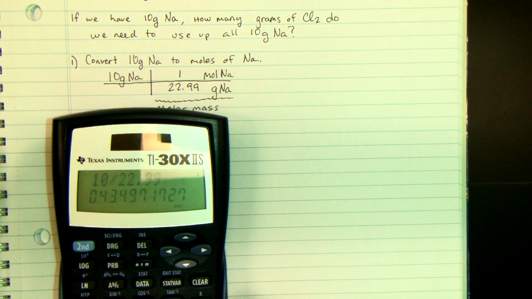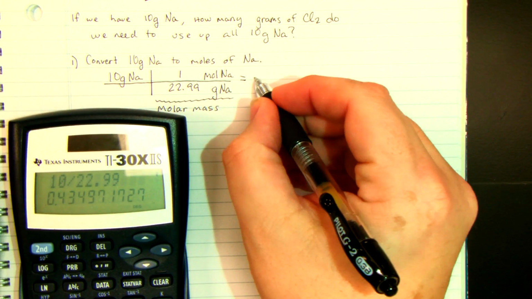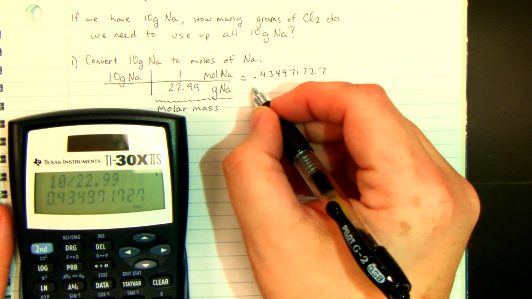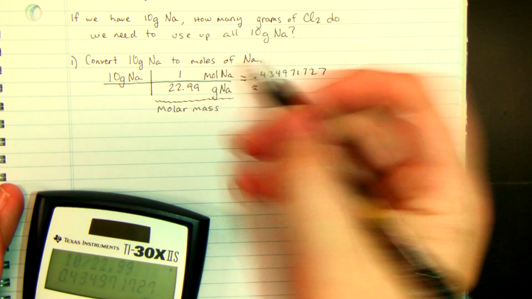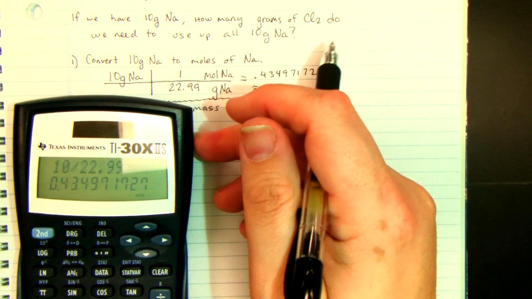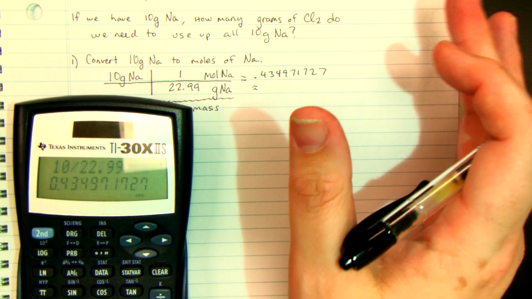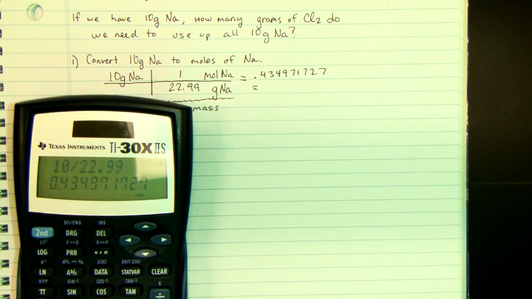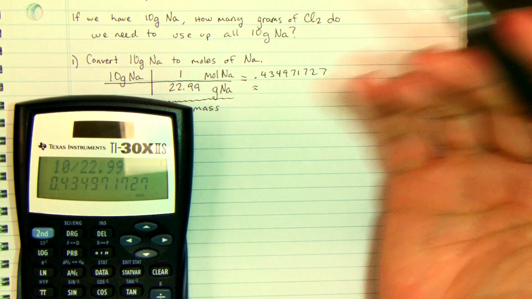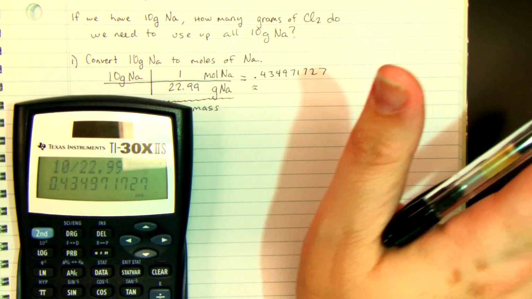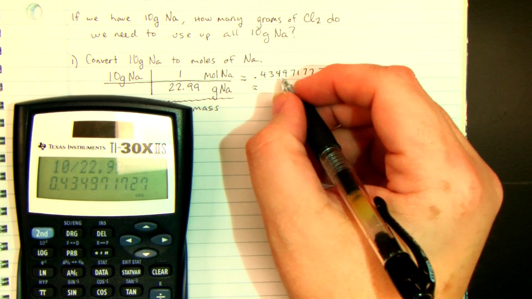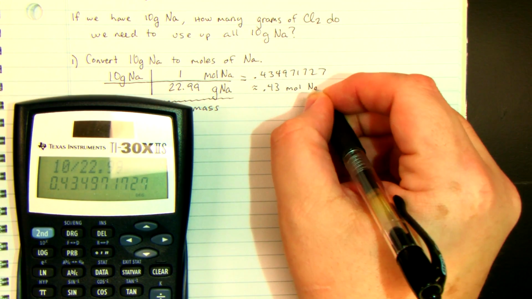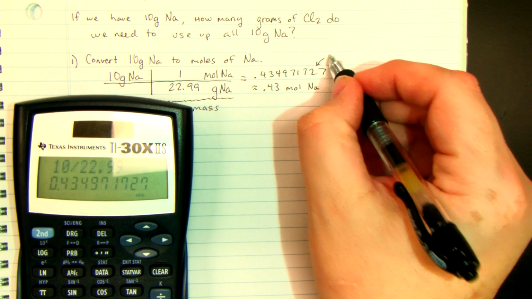So this is equal to 0.434971727. So if we were given an answer, like I said, right now we're not huge on the sig fig stuff. We'll worry about that at different points when we're doing measurements and things like that. But for this, I always say just go 2 decimal places. That'd be okay. So if you're giving this answer, it would end up being 0.43 moles of sodium, but this is what you use in calculation.